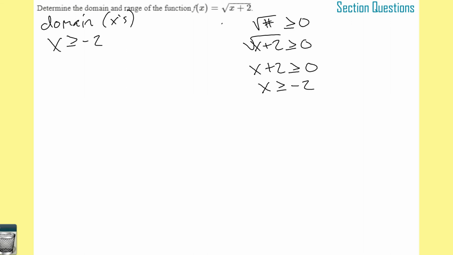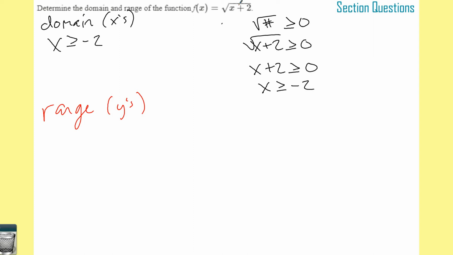All right, then our range is, well, think about it. It's our y's. So I know that the smallest thing I can do for x is negative 2, right? That's the smallest number. Well, if I plug in negative 2, that means this is going to be the square root of 0. And I can't take the square root of anything smaller than 0.